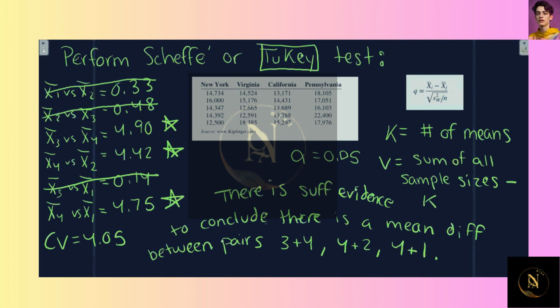So that would correspond to California and Pennsylvania, Pennsylvania and Virginia, and Pennsylvania and New York. So those colleges do have a significant difference in the average debt at graduation.